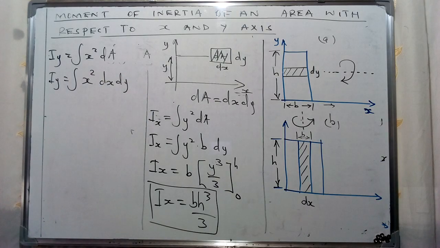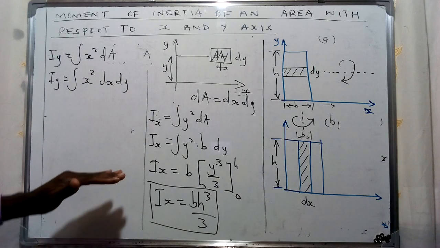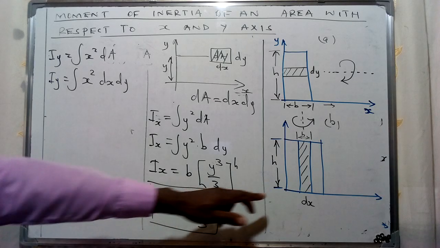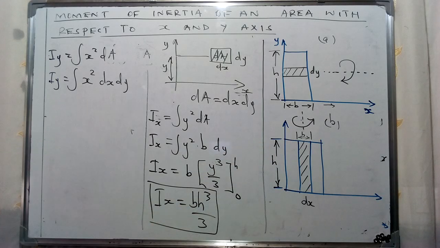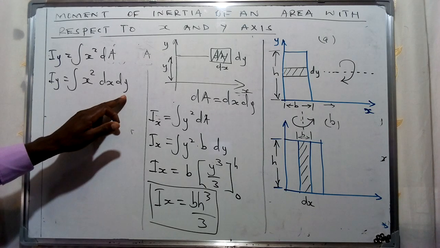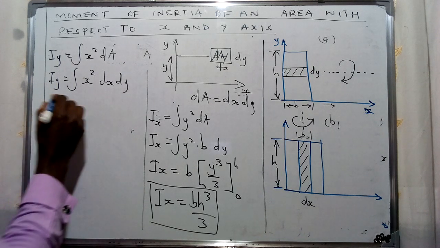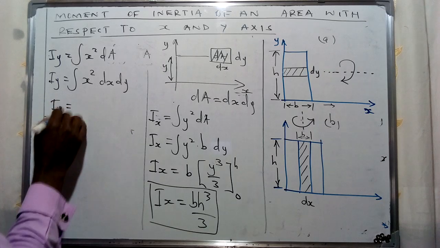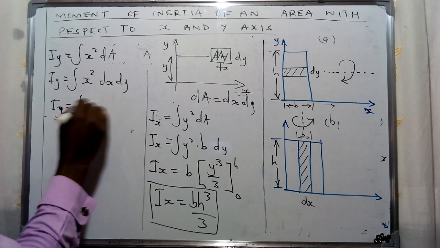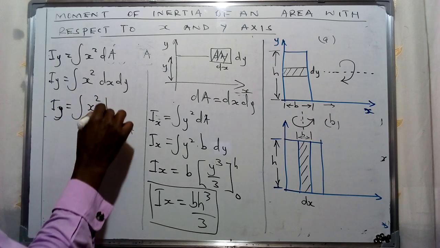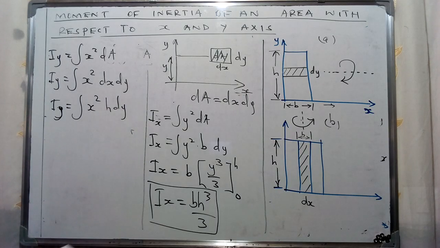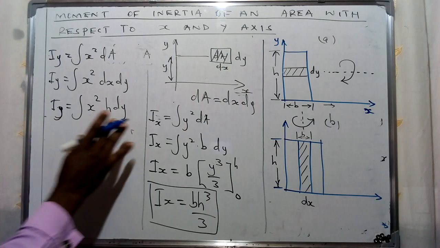And in this case, we're going to choose our aspect of h, which is going to be our constant, and therefore we are going to have this aspect of dy given in terms of h. So we're going to have this integral given in terms of x squared h dx.